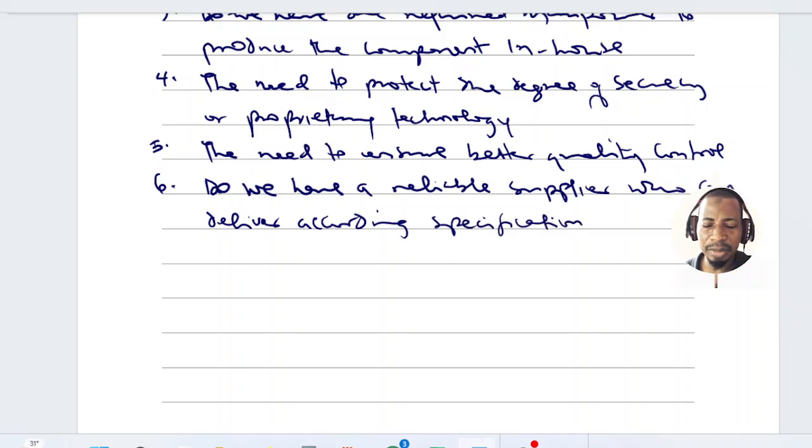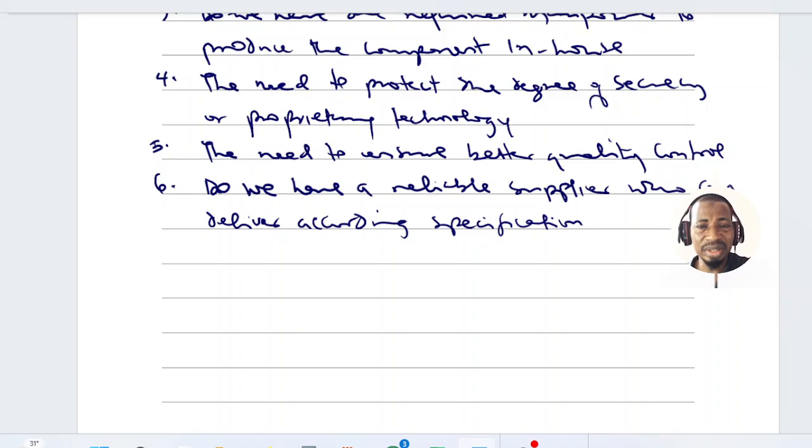What this simply means is that you need a reliable supplier such that the way you want your product, your component, to look like, your design, you need a supplier that can deliver according to that specification.